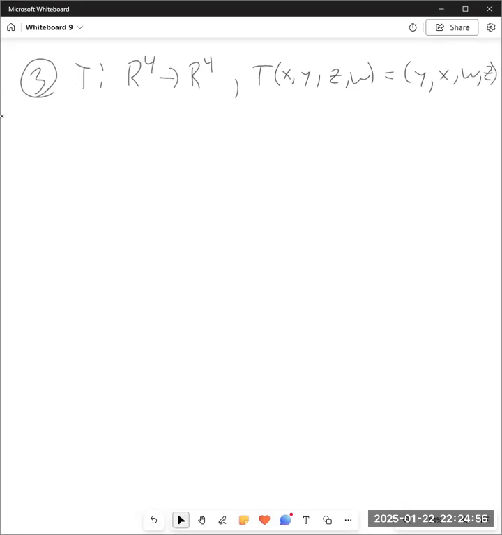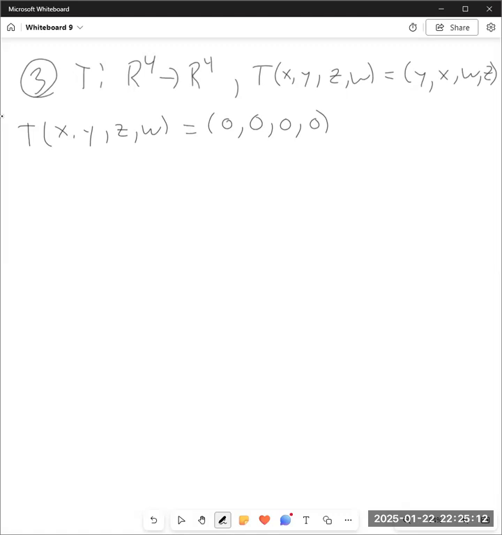So for example, number 3, here we have a transformation of R4 to R4, which is given as T of X, Y, Z, W is equal to Y, X, W, Z. So we want T of X, Y, Z, W to be equal to 0, 0, 0, 0.